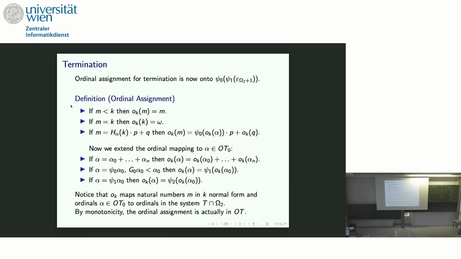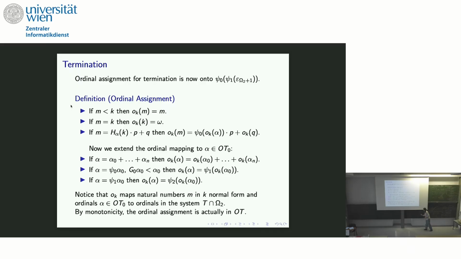And this ordinal assignment now, if it's operating like this. So m is an H function, right? This m is moving to psi 0. And psi 0 is moving to psi 1.